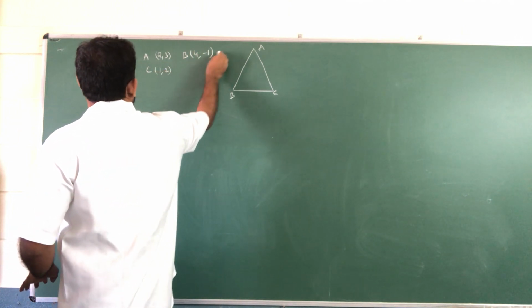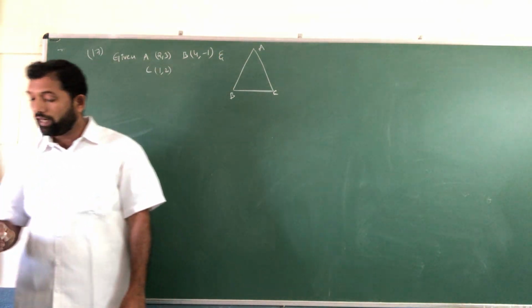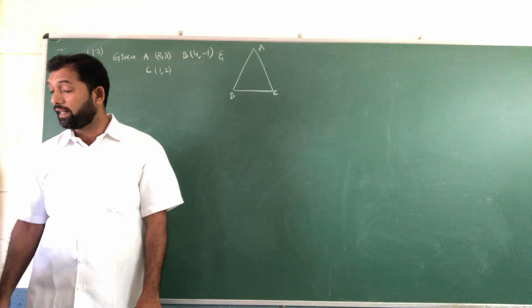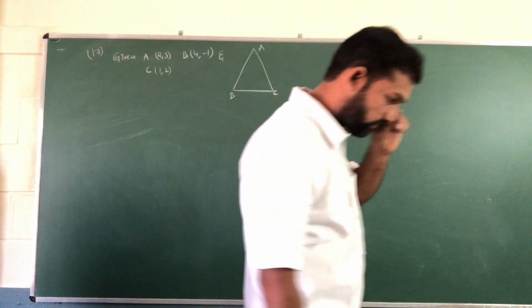So these 3 vertices are given. We are going to find the equation and the length of the altitude from the vertex A.